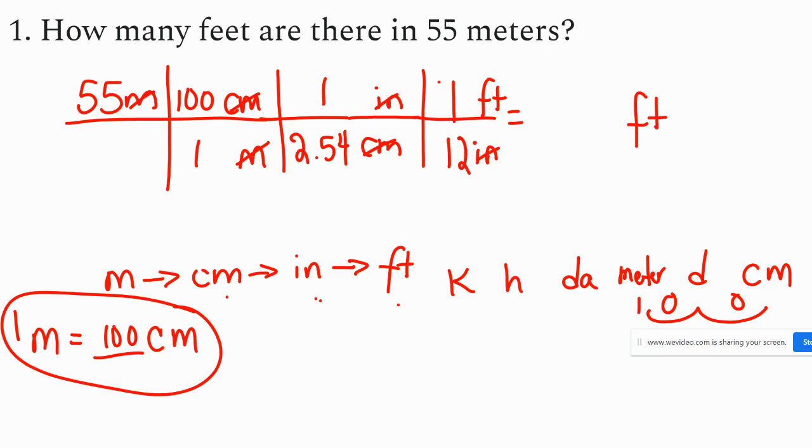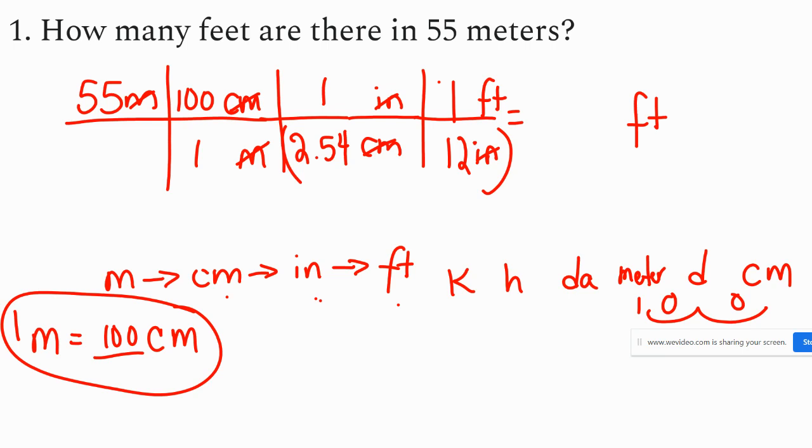And then I'm going to multiply across. So in my calculator, I'm going to put in 55 times 100. Now, at this point, you can hit your divide key. But if you're going to multiply all of this together within your calculator, after you hit that divide key, you have to hit the parentheses key so that you can keep everything in the bottom together, multiplying.